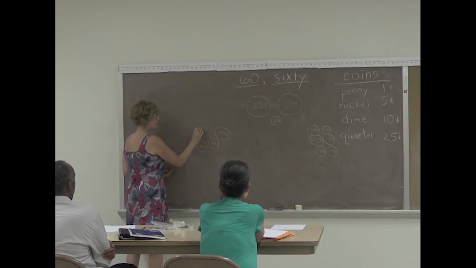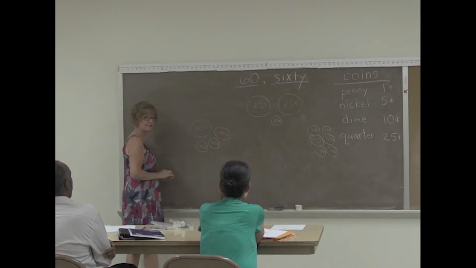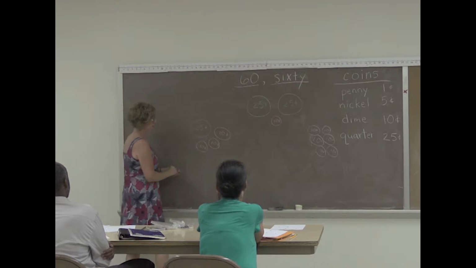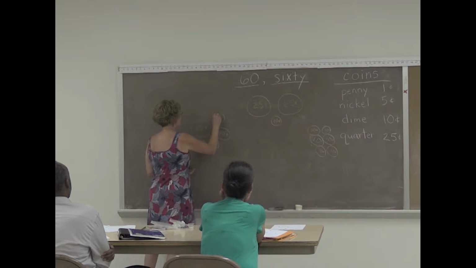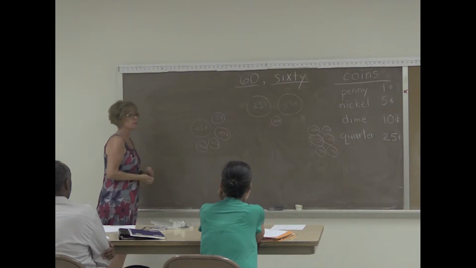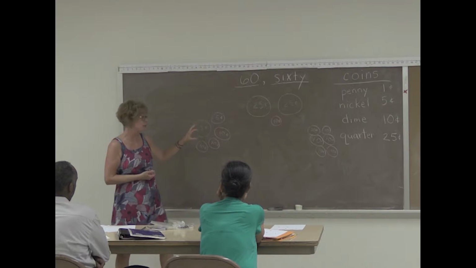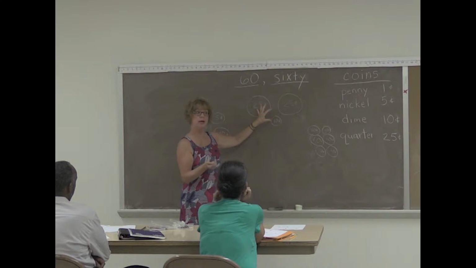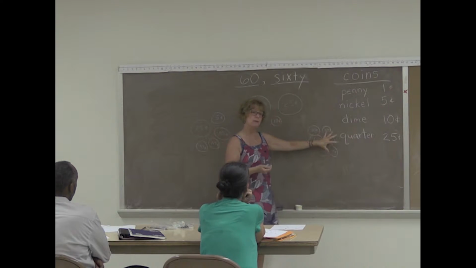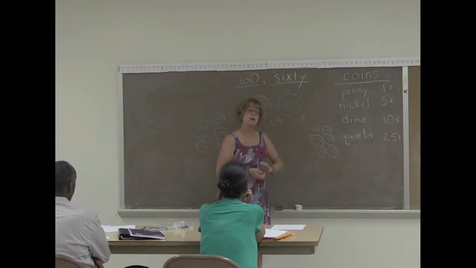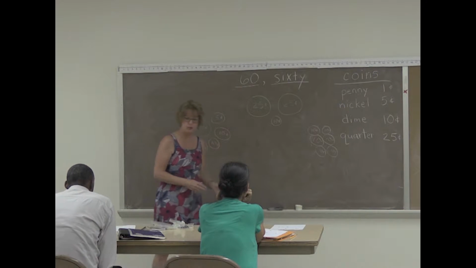So 25. Dime. 35, 45. 45, 55, and 1 nickel. Good, 1 nickel. All right. So this is one way to group your coins to equal 60 cents. This is a different way, and this is a different way. Many different ways you can put coins together to equal 60 cents.